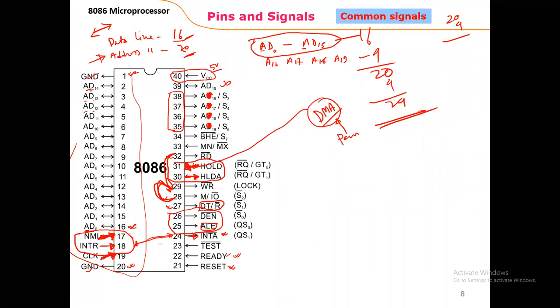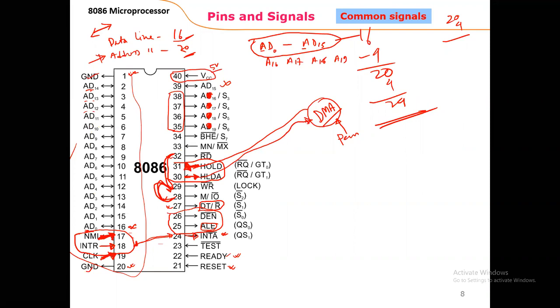The microprocessor finishes its individual work and then the data line is free. If the data line is free, then the microprocessor acknowledges DMA.